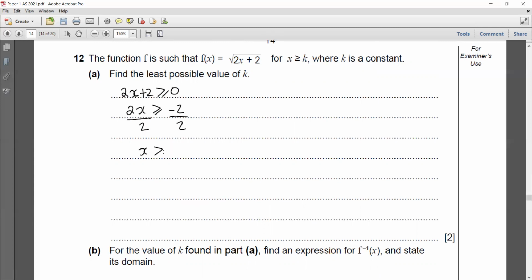This means x is greater than or equal to negative 1. So the least possible value of k is negative 1.